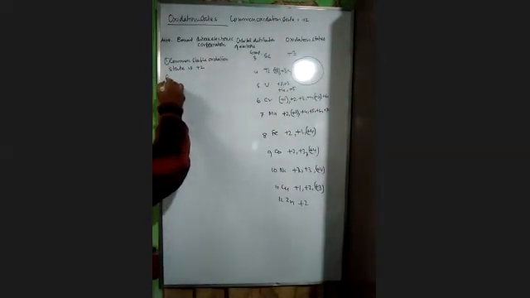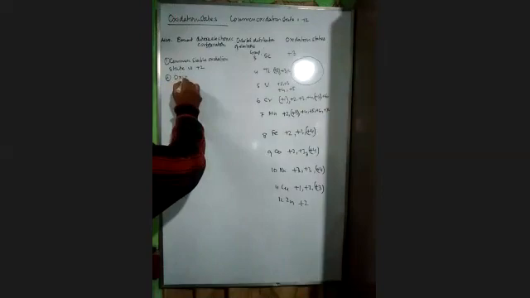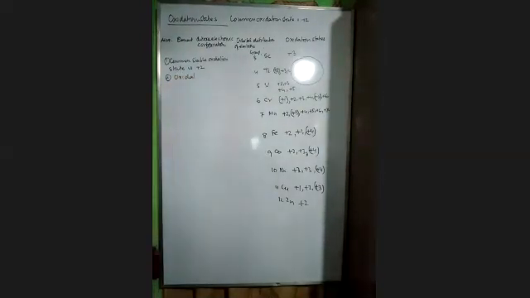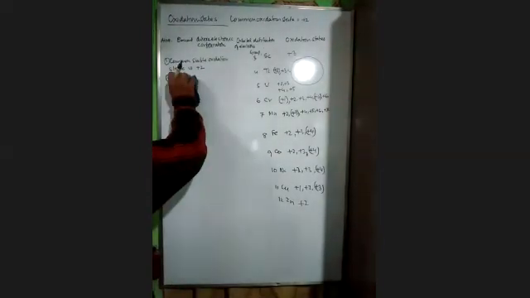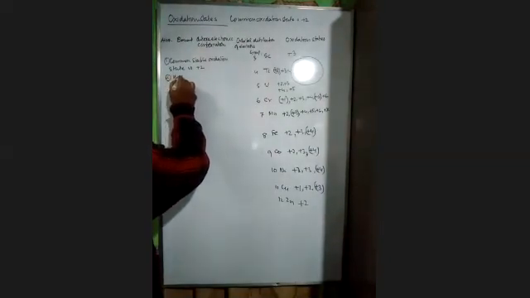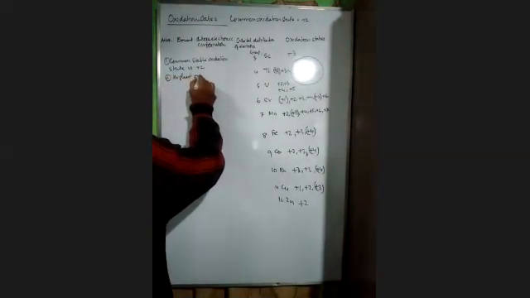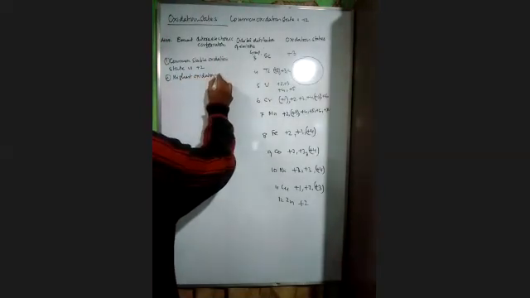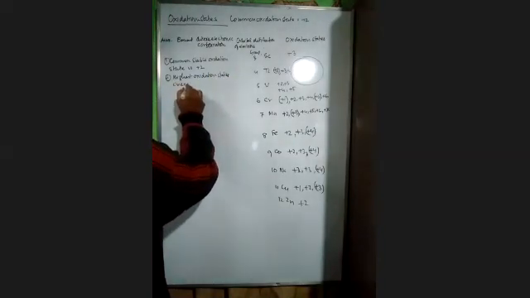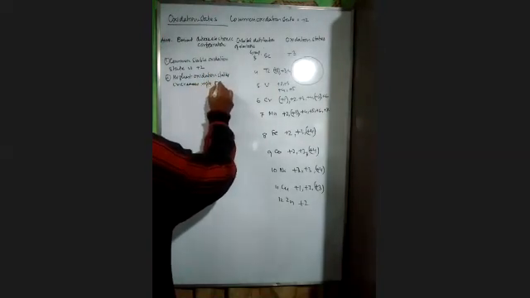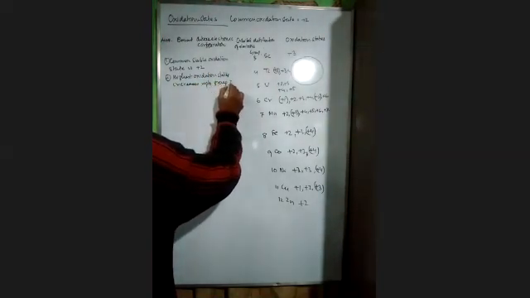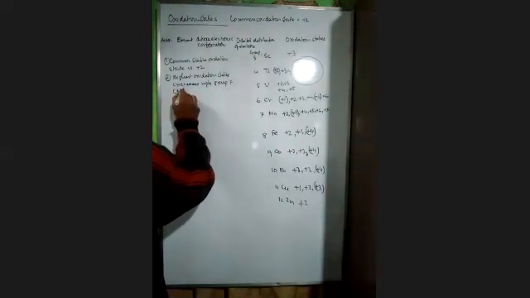Second, see here: the highest oxidation state increases up to group 7, manganese.